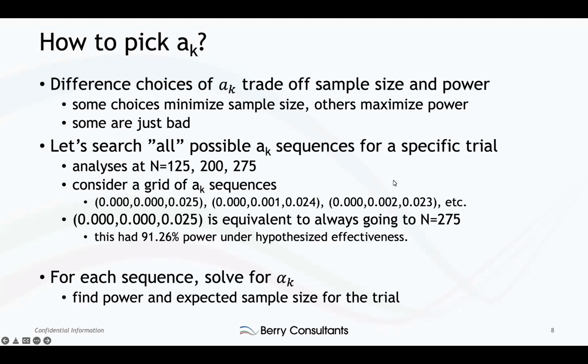This is, of course, a grid, but we tried to get every possible way to split this up and get an idea about what is the best here. For each sequence, we solved for what the alpha ks were, and we found the power and the expected sample size for the trial.